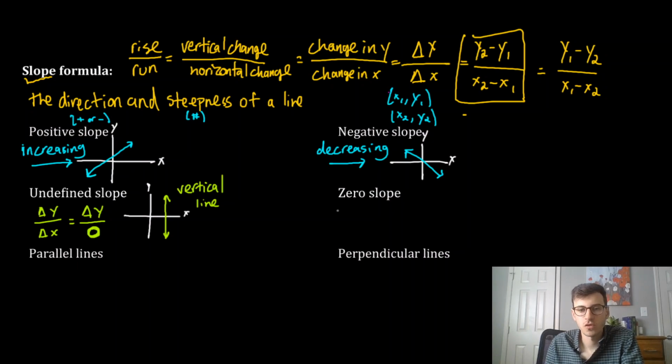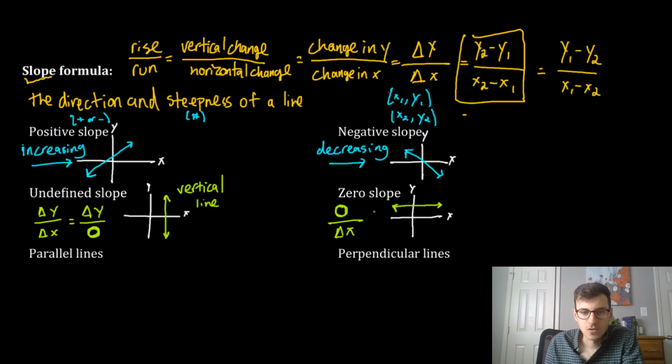Okay, what about zero slope? Well, just like last time, sometimes you'll have 0 change in y, and you'll have some change in x. Maybe before I draw it, what do you think that might look like? What do you think a zero slope looks like? If you said a horizontal line, you would be correct.